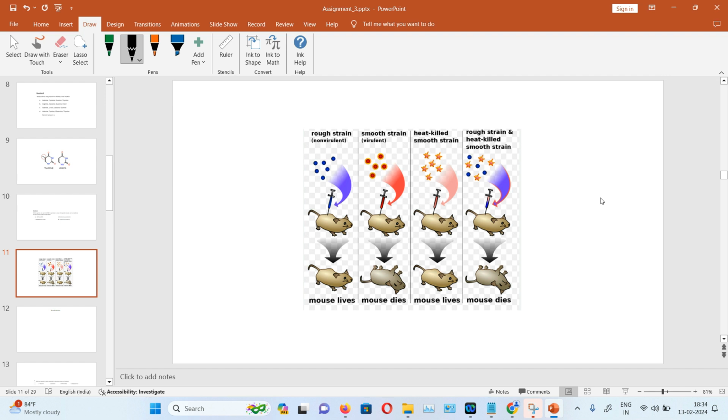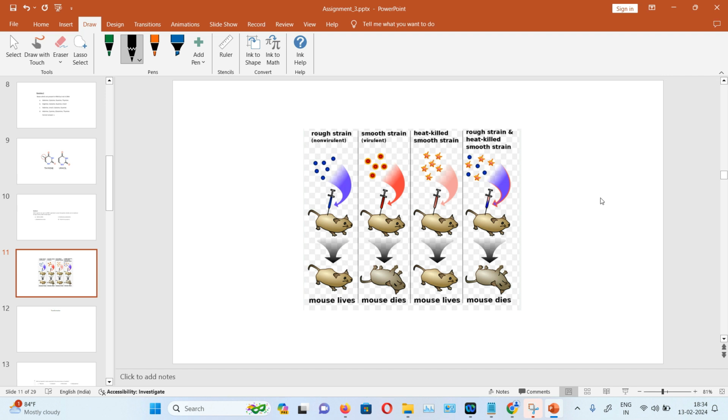And what they did, with the remaining material, the heated smooth strain remnants, they mixed with the rough strain bacteria. The rough strain bacteria are non-pathogenic, and will not cause any problem to the organism.